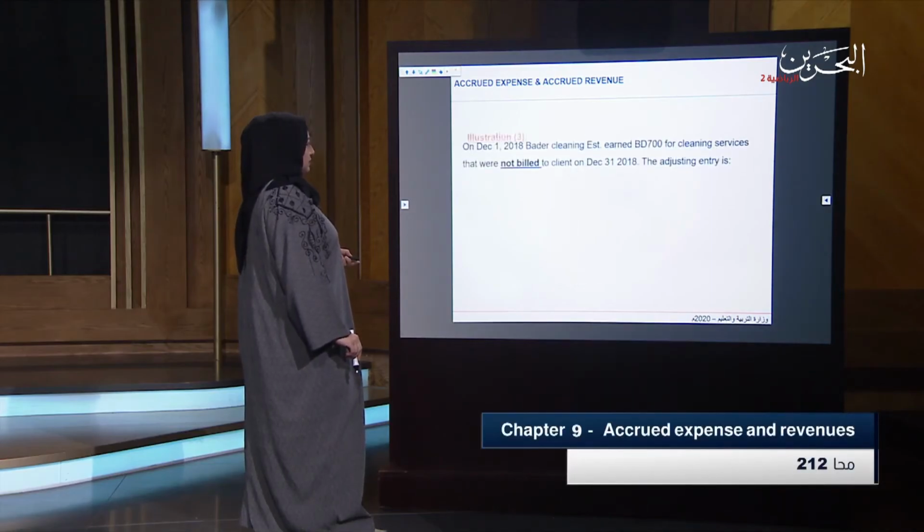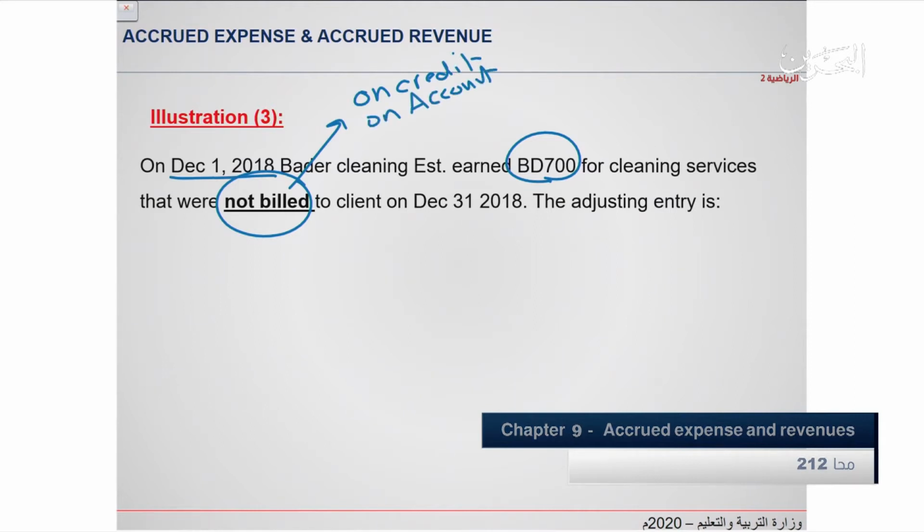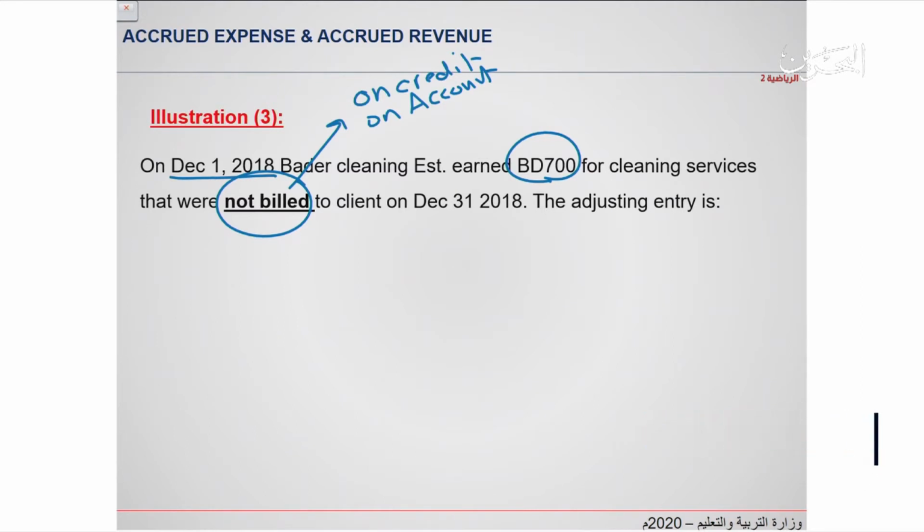Let's see the example 3. On December 1, 2018, Better Cleaning Establishment earned 700 for cleaning services that were not billed. Not billed means on credit, or on account, to the client on December 31, 2018.